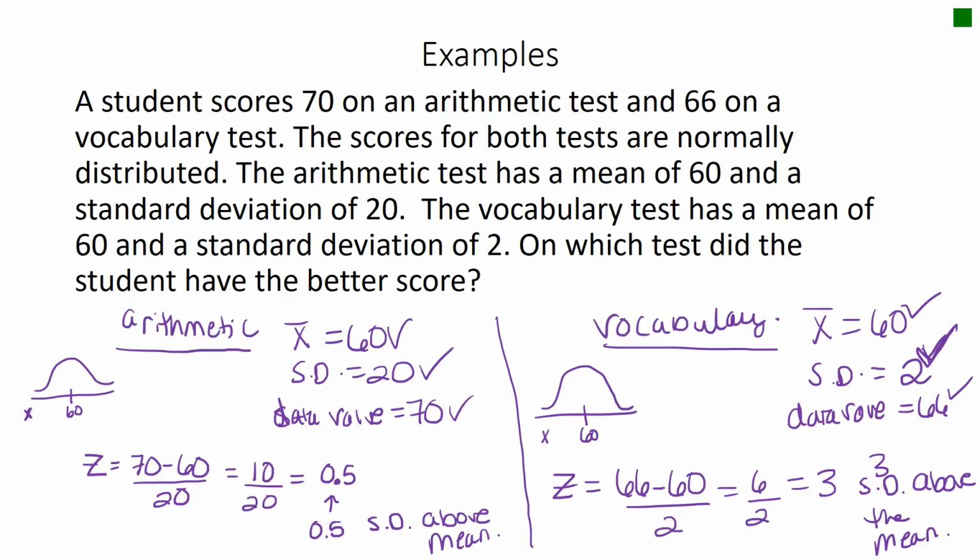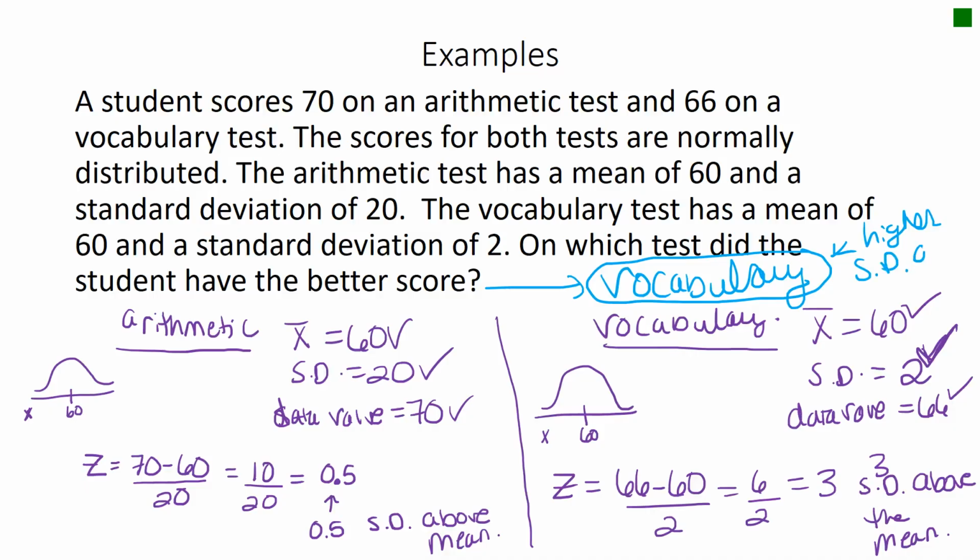So on which test did the student have the better score? That would be the vocabulary, the higher standard deviation above the mean. And if you remember, 99.7% of data values were within 3 standard deviations from the mean. So scoring 3 standard deviations above the mean is very high.